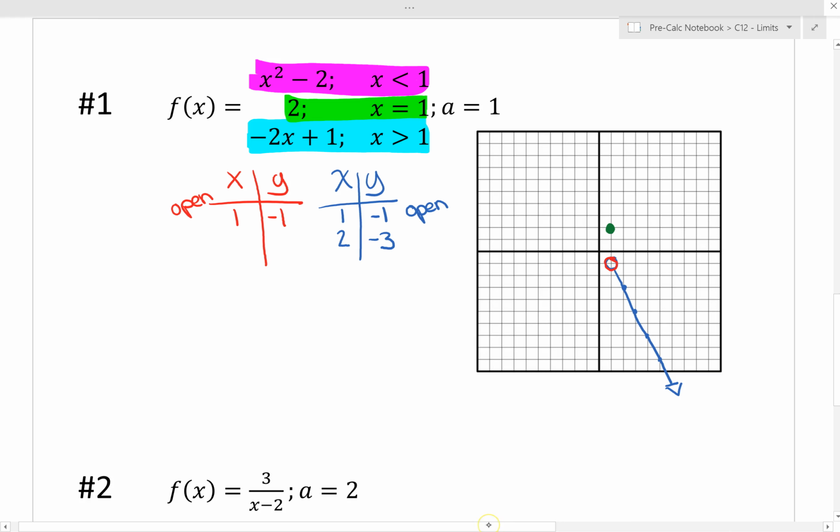But this is a quadratic, so I don't want to use my slope. So if you want to, we can just keep plugging in points. We can use a 0, which would give us a -2. And then when I plug in a -1, we can clearly see that we are starting to repeat. Because this quadratic actually just shifts the parent function down 2.